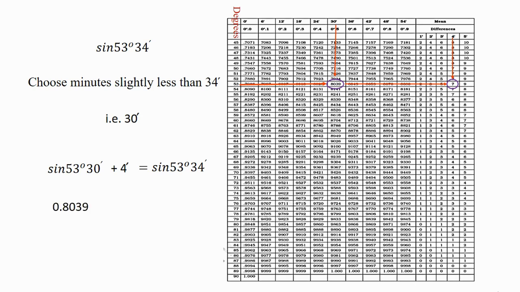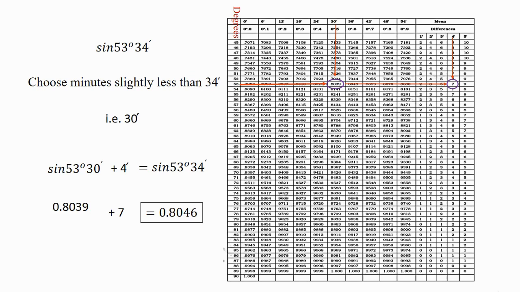So 0.8039 plus 7 gives me the value 0.8046. So sine 53 degree 34 minutes is equal to 0.8046.